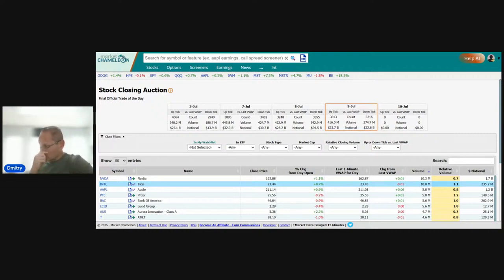The closing auction is used by a lot of professional or institutional traders, most of the time to rebalance or hedge a portfolio. When you think about funds that are calculated based on net asset value, their net asset value will be priced off the official closing price.